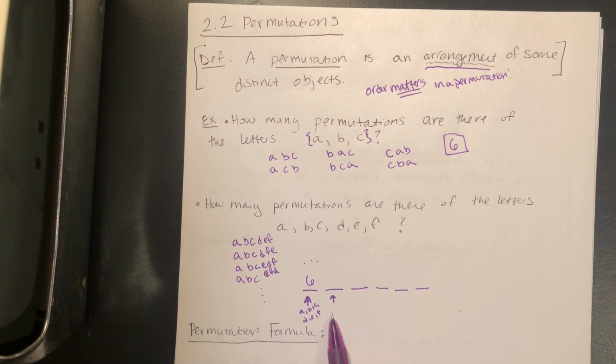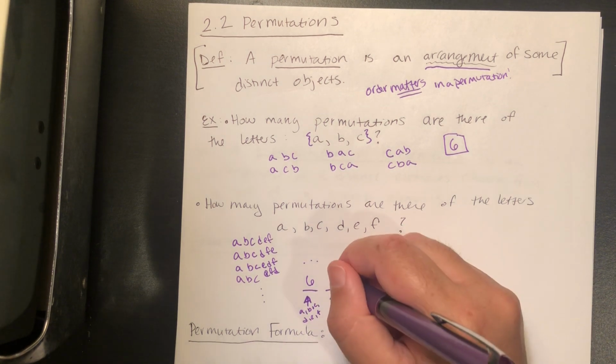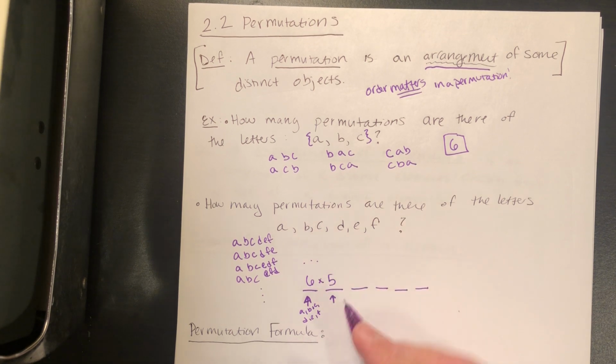So the choices themselves change based on what you chose first, but you're always going to have 5 options left for the second spot, because your next choice is going to be any of the letters except the one you chose in the first spot. Even though the options themselves will change, you'll still have 5 options to choose from. So we still have 5 options here.